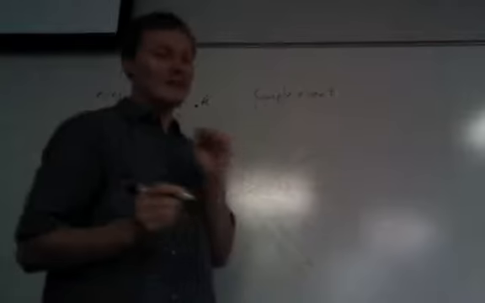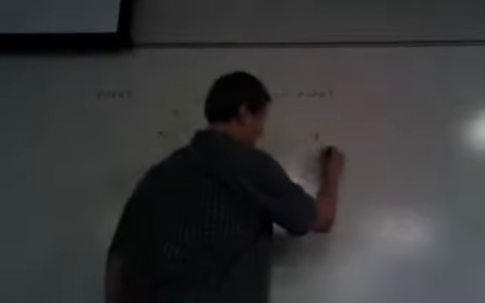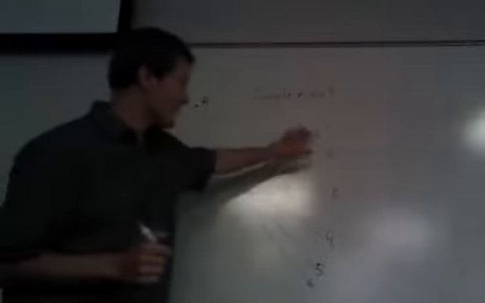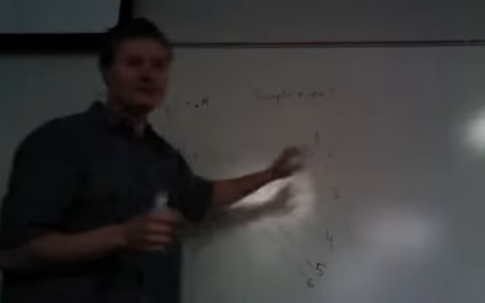When we roll a die, we get 6 possible outcomes. We get 1, 2, 3, 4, 5, or 6. Each one of those, 1, 2, 3, 4, 5, and 6, those are simple events. A simple event has a single characteristic. Just one thing happens. It's either 1, 2, or 3.